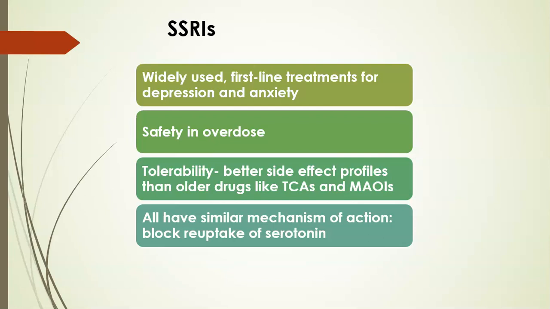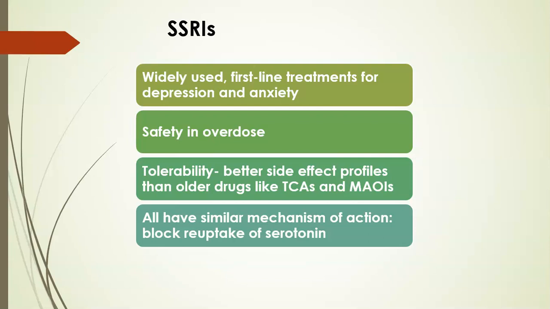Even though people say that tolerability should be better with SSRIs because they should have better side effect profiles compared to the older or first generation drugs like tricyclics and MAOIs, clinical data have indicated that patients tolerate both groups pretty similarly.